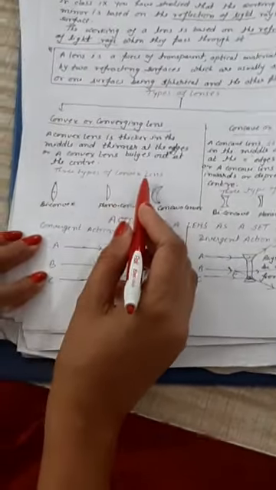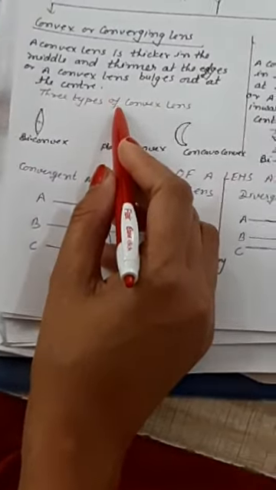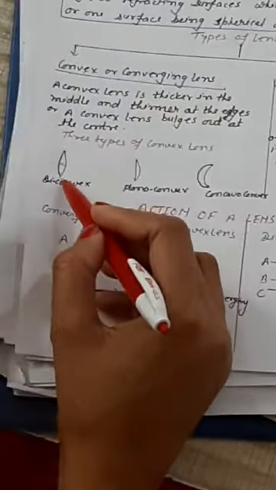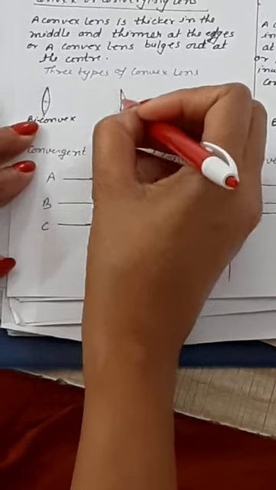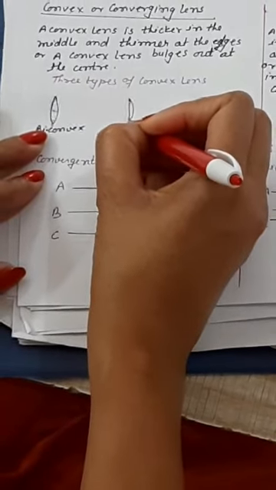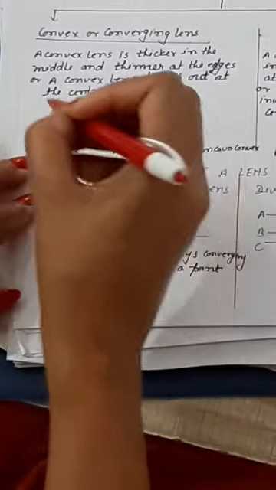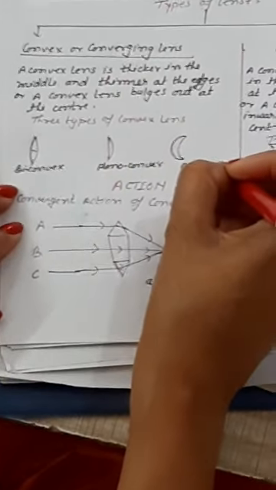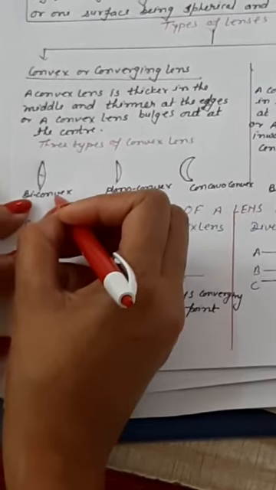There are three types of convex lens. As in the beginning we discussed what a lens is, it is a transparent medium which has either two spherical surfaces, or one plane and the other spherical. On the basis of this, we have categorized these three types: biconvex.